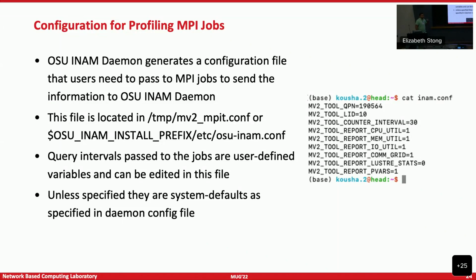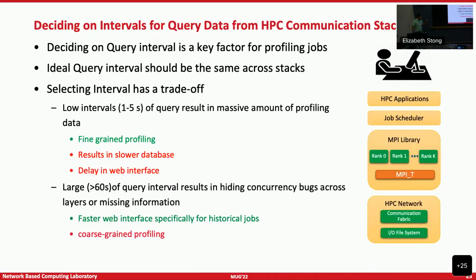You can also set a counter interval, for example from 30 seconds to 60 seconds or whatever you like. So it's something that a user can decide, the interval for profiling.